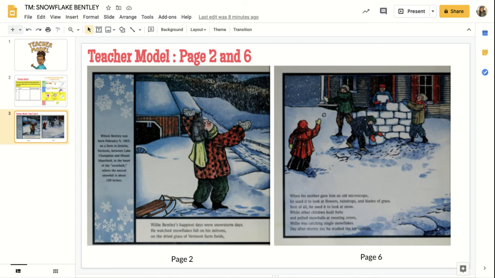He was happy on snowstorm days. So I know he loved snow. Now, with this microscope, he could learn more about it. It says on page 6, Willie was catching single snowflakes. Day after stormy day, he studied the icy crystals. So this is why this event is important.